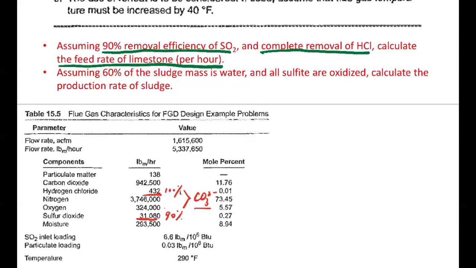These carbonate ions are being provided by the limestone, which is further composed of calcium carbonate, magnesium carbonate, and inert materials. So the question is asking us, what is the feed rate of the limestone? Maybe we can look at this problem for 1 or 2 minutes, and then we can start to discuss this.